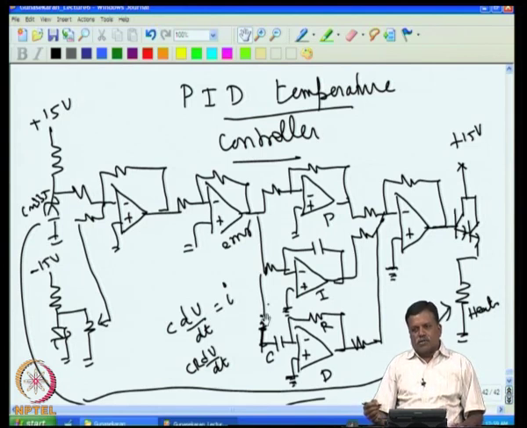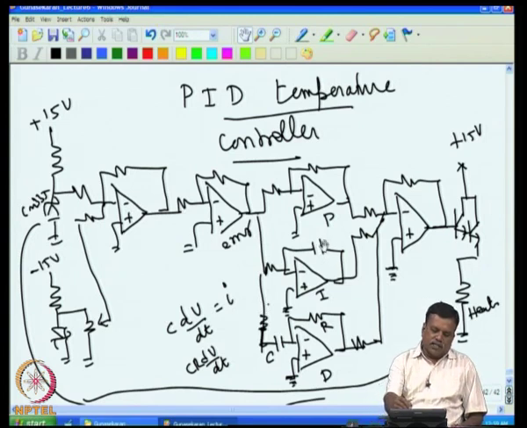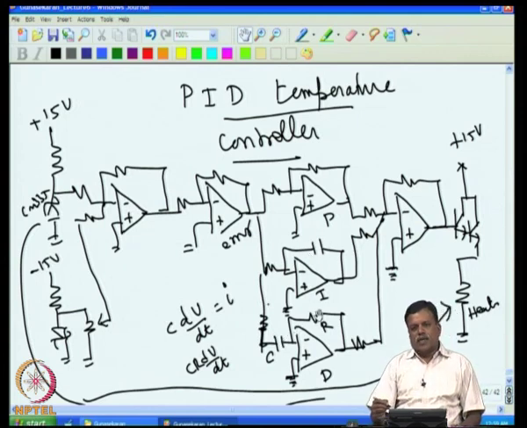Of course, I ask you to work out how to scale the proposed integral time constant, and similarly the differentiator time constant, to the temperature scale, because the electronic time constants, the differentiator time constant and the integral time constant, are the ones which actually drive, but they have no relevance to the temperature time constant.